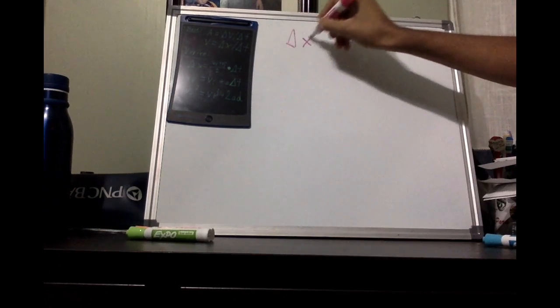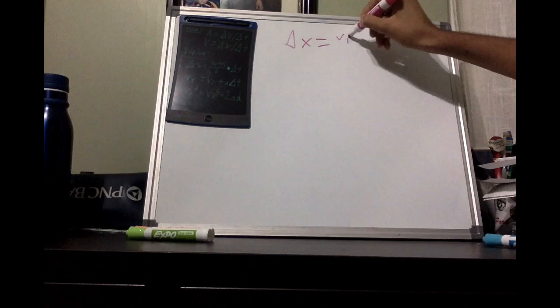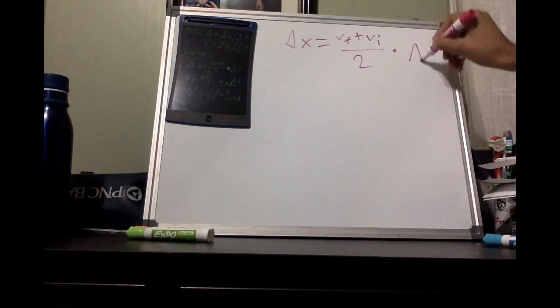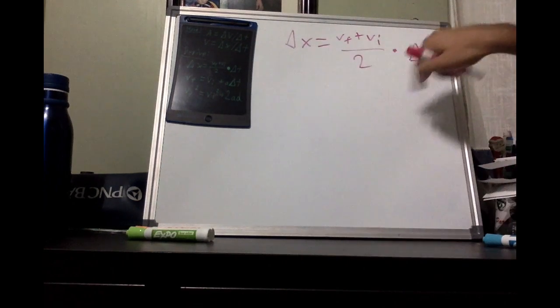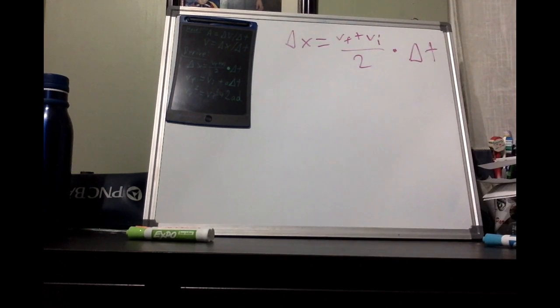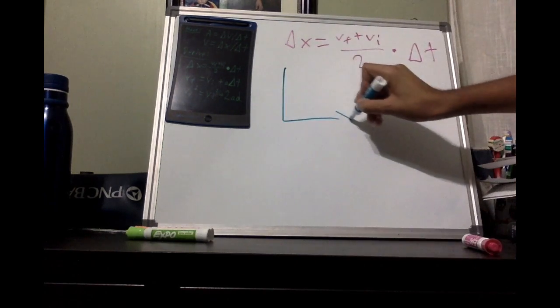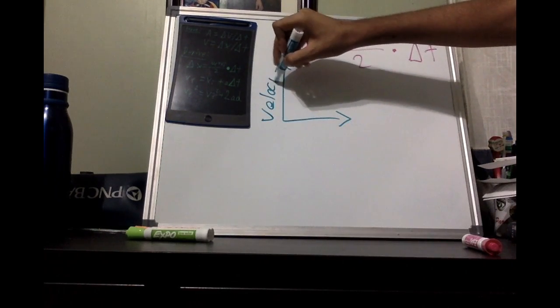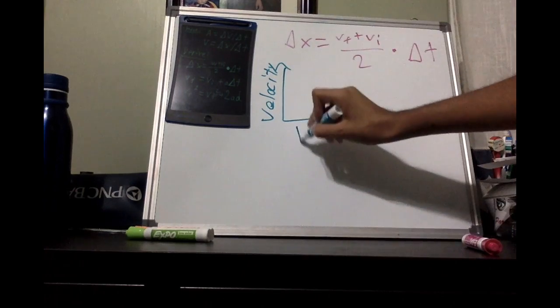So our first equation is change in displacement. I realize there's a bit of a glare there, that's why I'm going to write them here. So the way that we actually figure this out is using a graph. That graph has time on the x-axis and velocity on the y-axis.